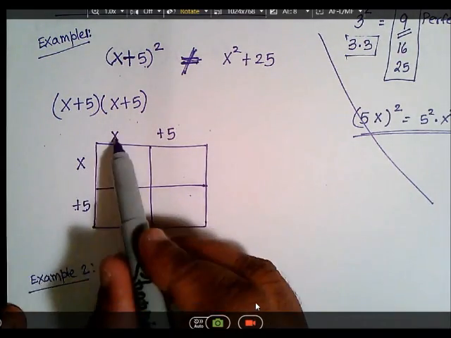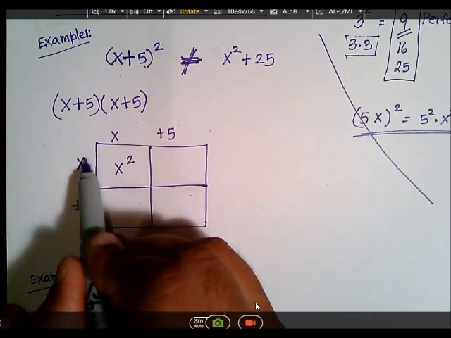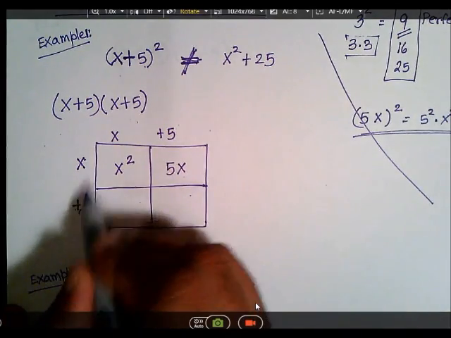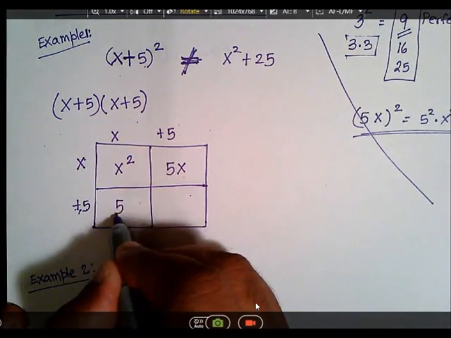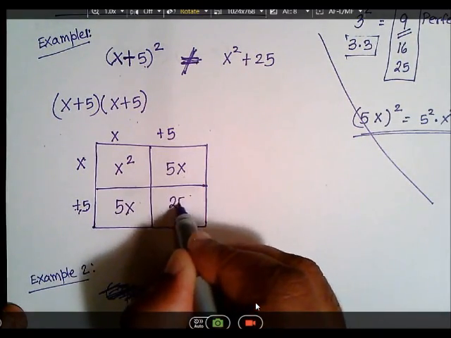So x times x is x squared, x times 5 is 5x, 5 times x is also 5x, 5 times 5 is 25.